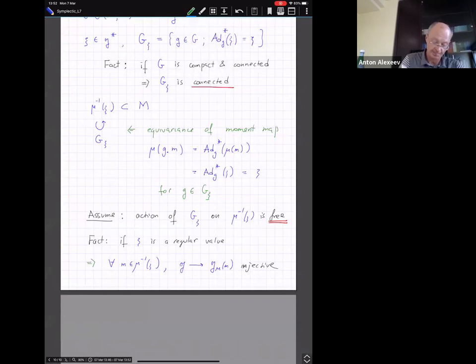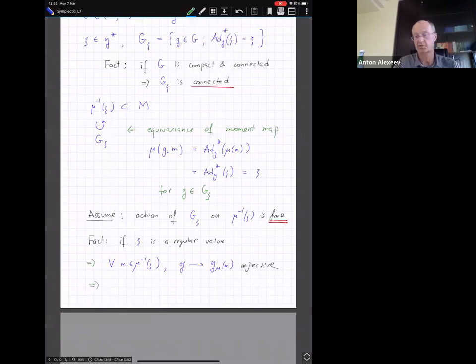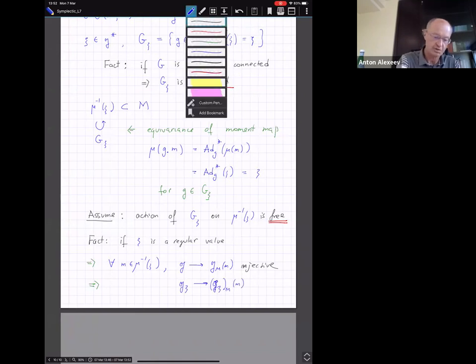We're not going to prove it, but just intuitively, this means that if there are points of G psi which are fixing the point M, those elements cannot be too close to the group unit, right? Because in particular, the map from G psi to G psi M of M is also injective.